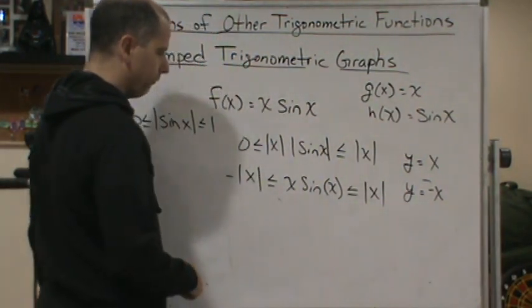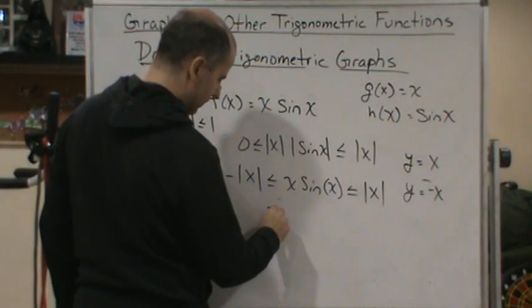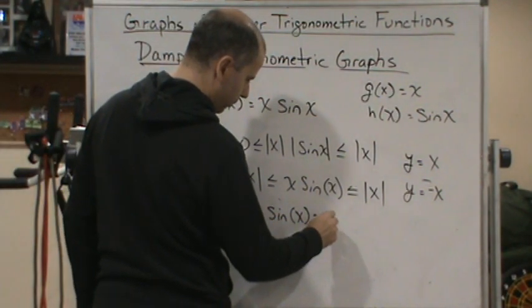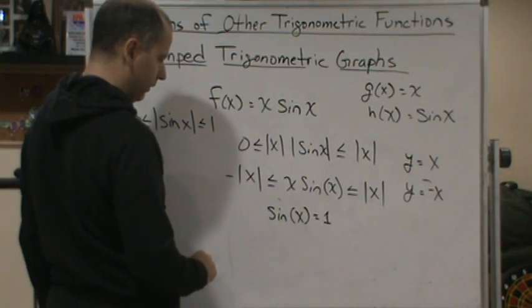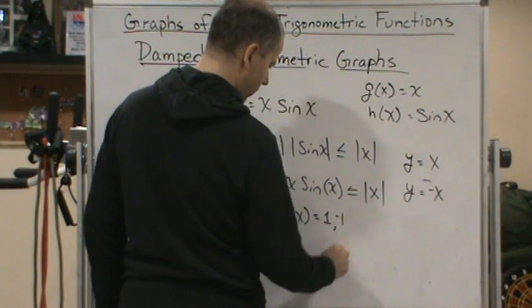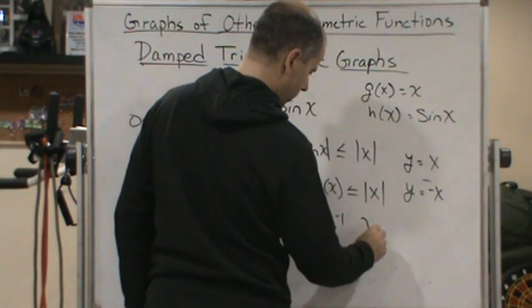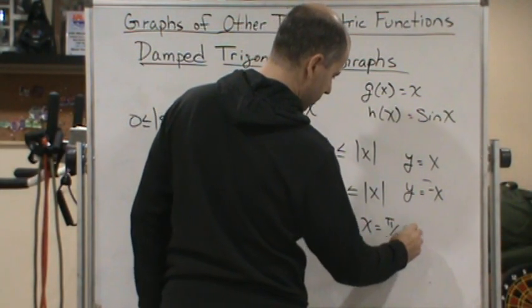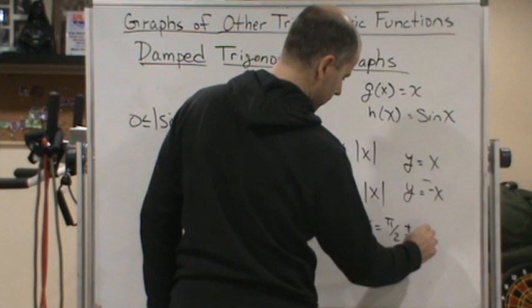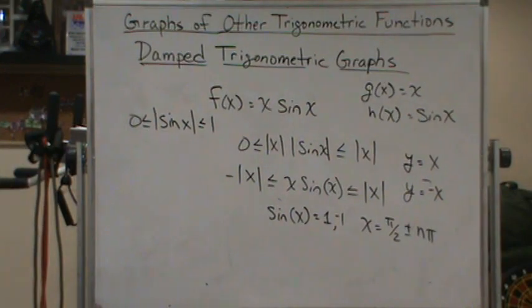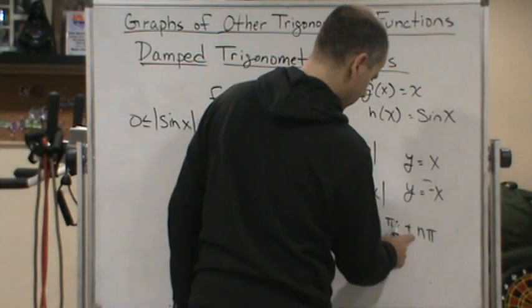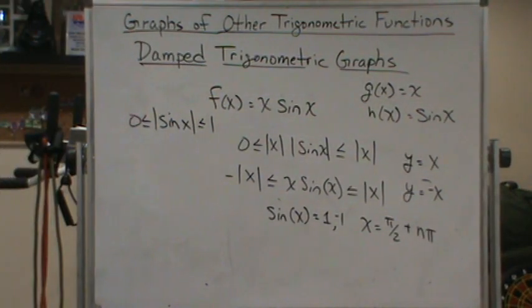Sine x equals 1 or negative 1 when x equals pi over 2 plus, because n is an integer, right? So pi over 2 plus n times pi.